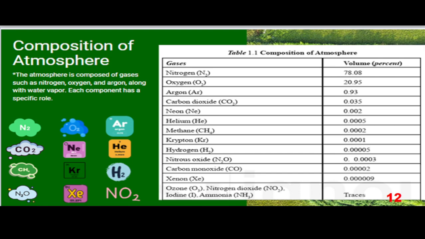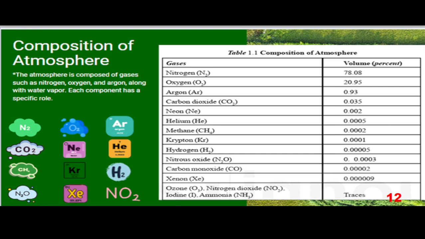Then the composition of the atmosphere. The atmosphere is composed of gases such as nitrogen, oxygen and argon along with water vapor. Each component has a specific role. So I have given this table.